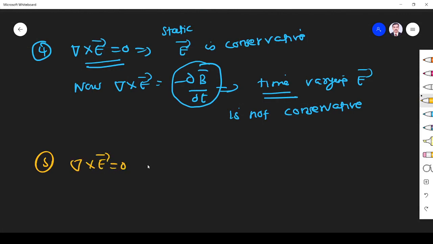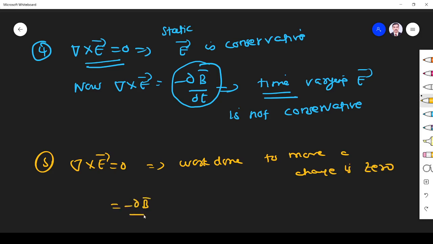Del cross E 0 indicates the work done to move a charge is 0. Here minus dou B by dou T indicates the work done to move a charge around a closed loop.